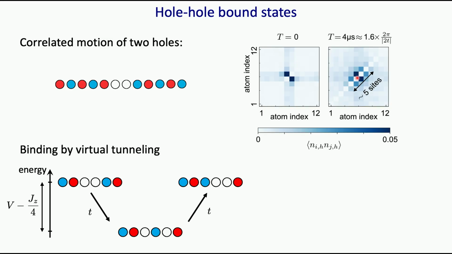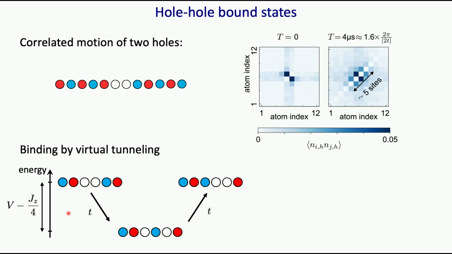How can we explain this binding? Well, simply by energy conservation: if you want to move your hole, or to break your hole pair by placing a spin in between, it costs you energy. What energy does it cost you? Precisely the V, which is the hole interaction, but also the fact that there is this Jz interaction in the spin sector.